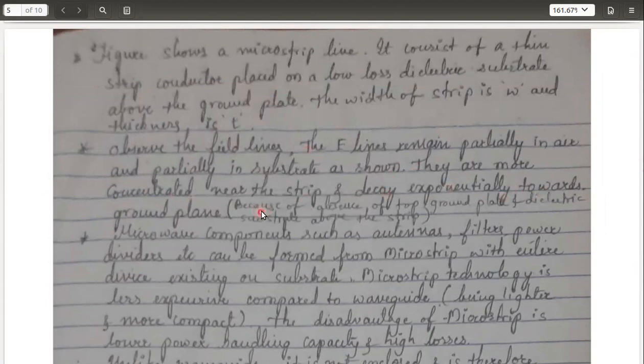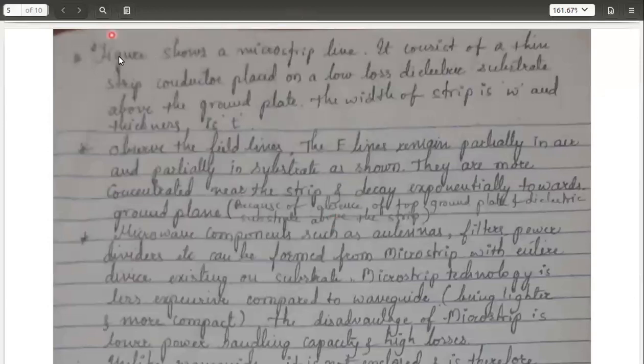Hence, because of the absence of the ground plate and the dielectric substrate above the strip, the reason I have given you in the bracket, the field lines are more concentrated towards the strip, because you don't have any top ground plate here.